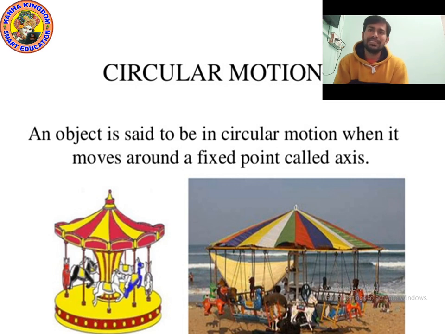Around this fixed axis they move. When you sit on a horse, cow, or bike that is hanging, you will also move in a circular motion. So this kind of motion is circular motion.